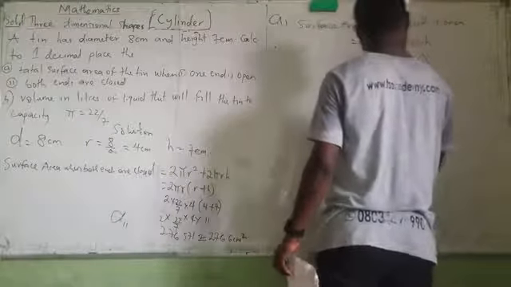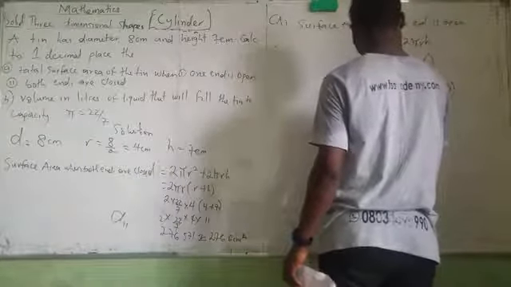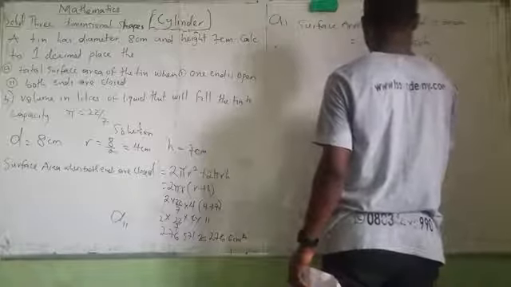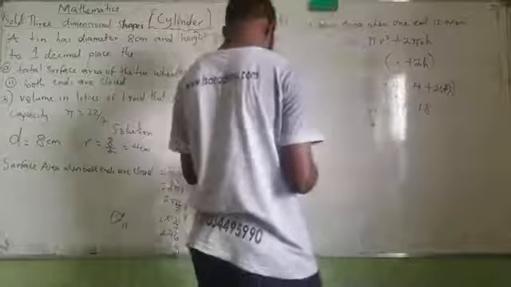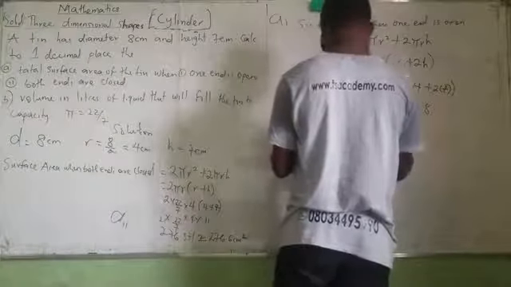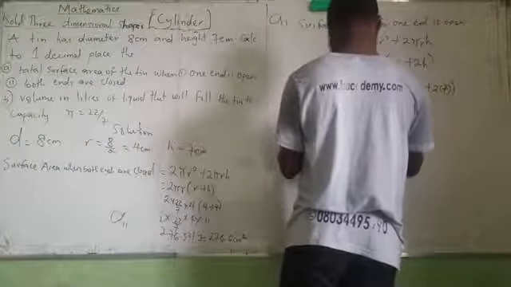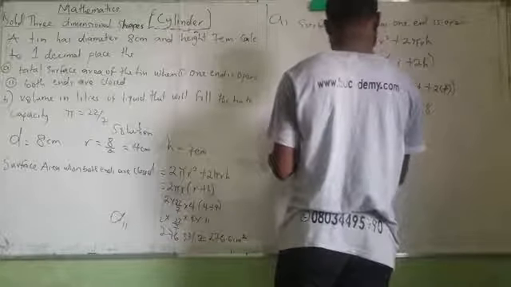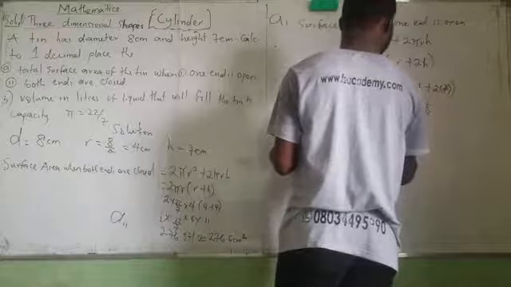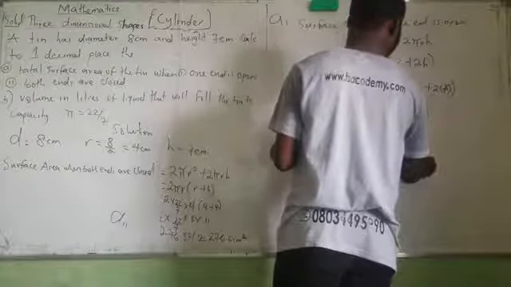I'll be having 18 multiplied by 4, 22 all over 7. If I press the calculator, it will give me 226.285, approximately equals to 226.3 centimeters squared. That is what we are to do.